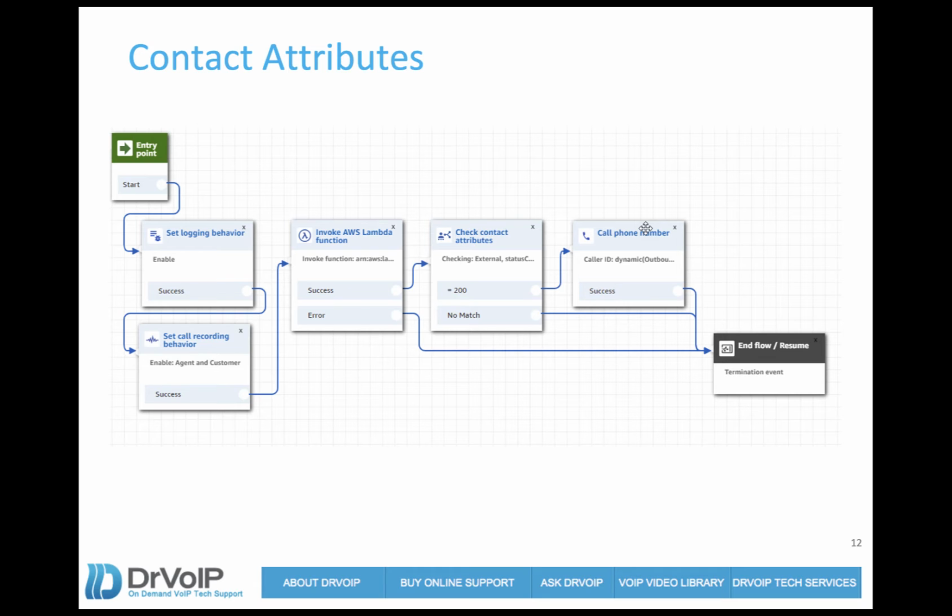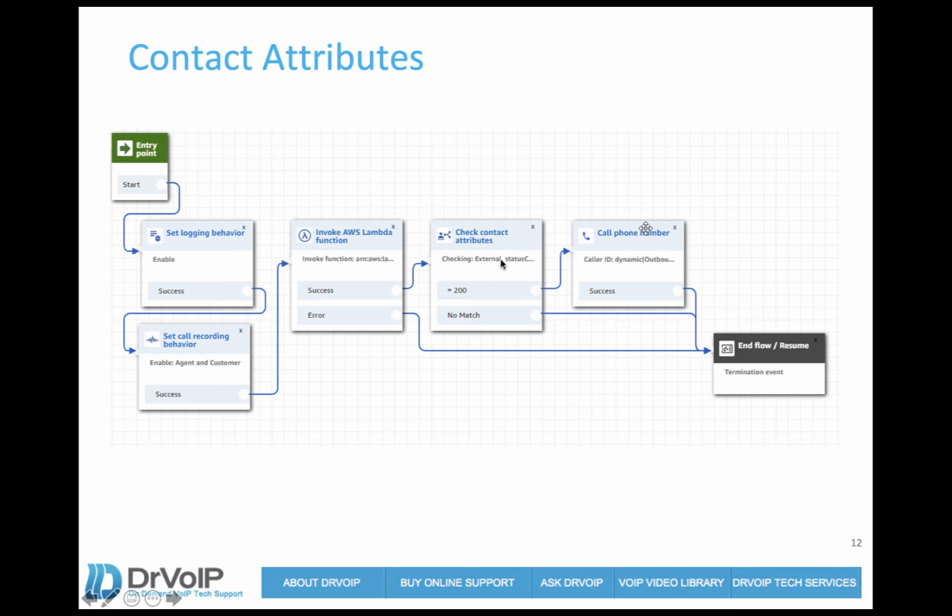So in this simple contact flow, we come in, we set the logging behavior, we set the recording behavior, and then we invoke a Lambda function, and the Lambda function presumably is going out to a Dynamo database to get some information that we're going to need to route this call.